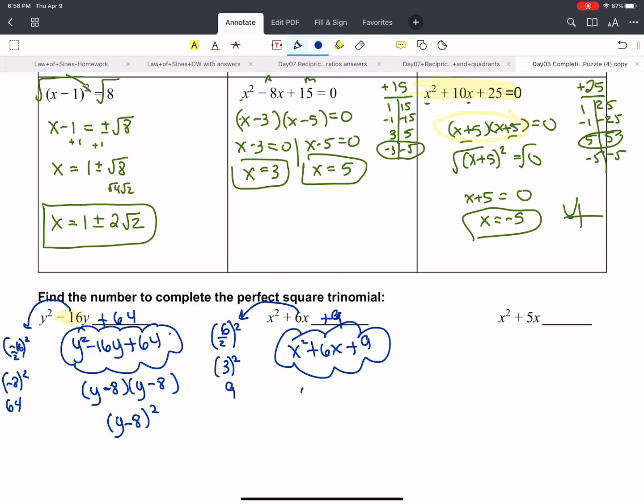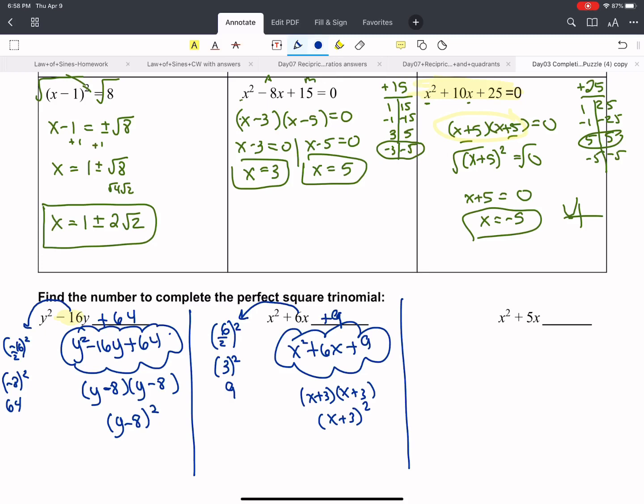If I factor that, I would have x plus 3. In fact, I'd have x plus 3 squared. Okay? So being able to write a perfect square trinomial is the trick for solving by completing the square. So that's why we're doing this.